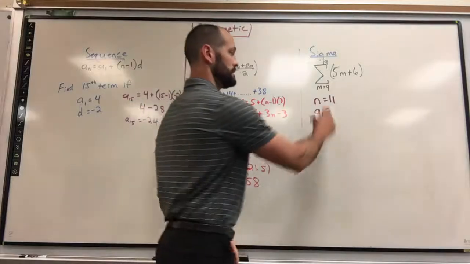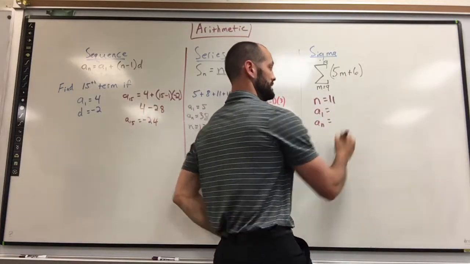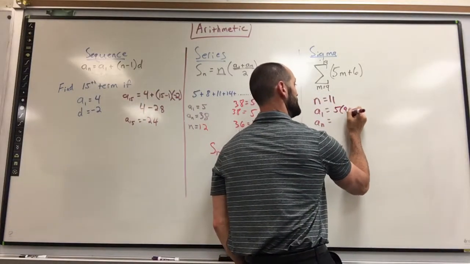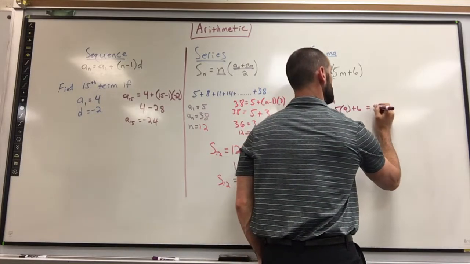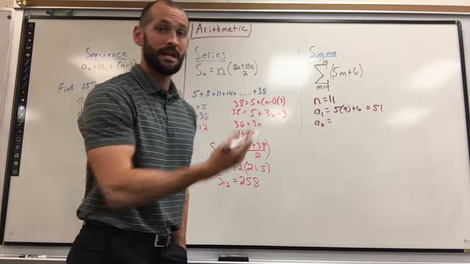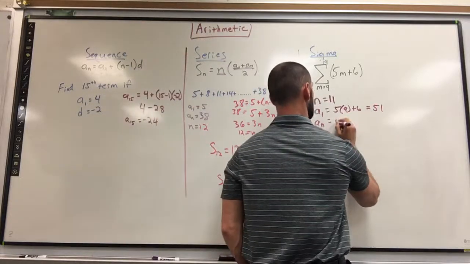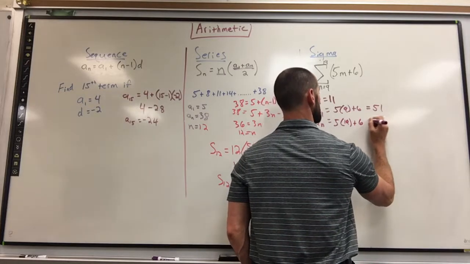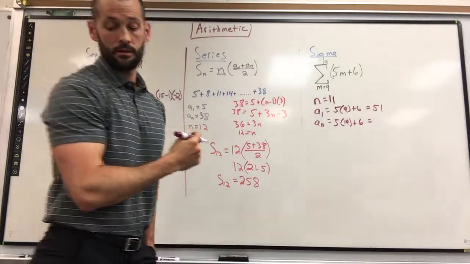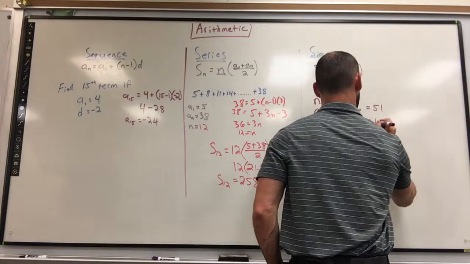Well, where do you start? You start where m is 9. So it's 5 times 9 plus 6, giving me 51. Last term, 5 times 19 plus 6, giving me 101.